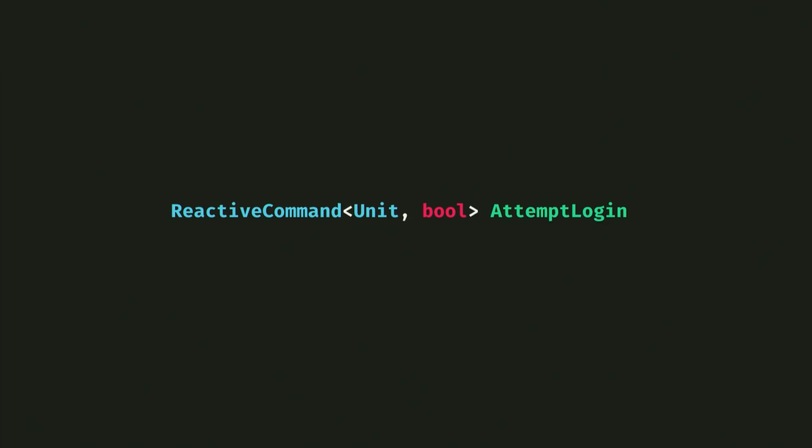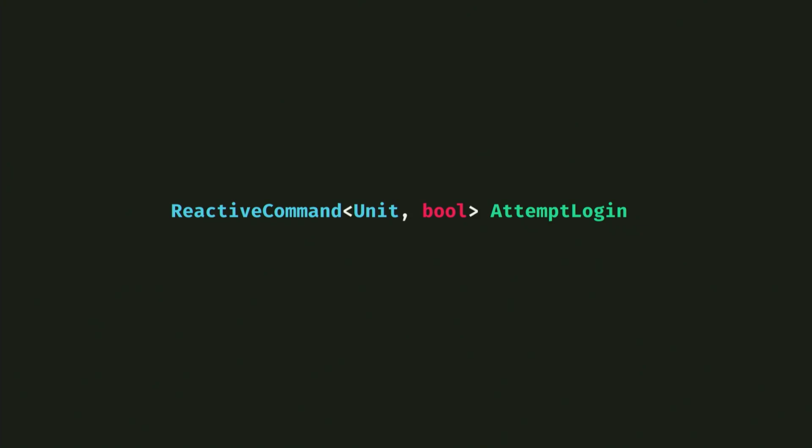So to do Reactive Command for Reactive UI, what we're going to do is use this Reactive Command object here. And it's going to take two parameters. The first parameter is going to be the data that's coming into the command. So it's going to be typed data. Unlike a regular command where you just get object in, and then it's up to you to figure out what it is, this actually tells you what's coming in.